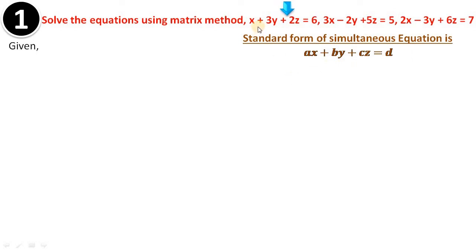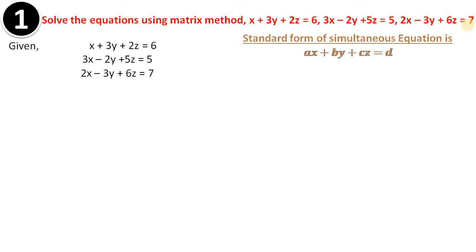It is in the standard form. Look here, term of x, term of y, term of z, and the constant is on the right hand side. So write it as it is. Equation 2 is also in the standard form, and so is equation 3: term of x, then term of y, then term of z, and the constant on the right hand side.